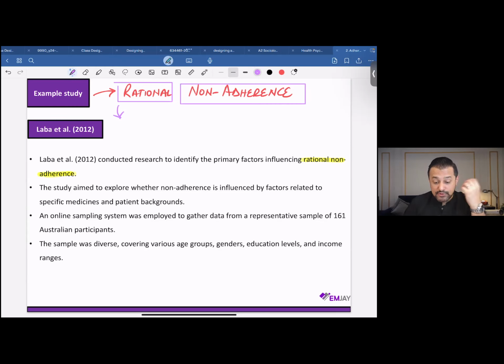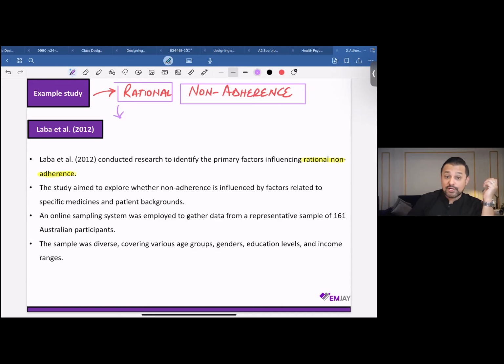This has a lot to do with the attitude you're carrying about yourself, about your health, about the healthcare system. This could be because of side effects, and there are multiple other factors as well. So when I use the word rational non-adherence, what I actually mean is when an individual is not adhering, but he or she provides an apparently rational justification as to why that particular individual is not adhering to the medical advice.